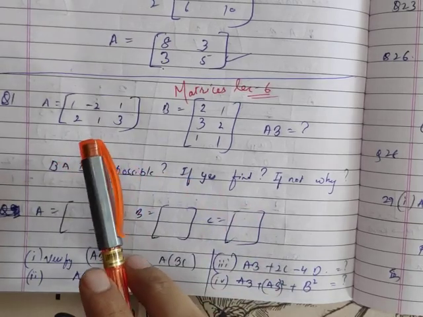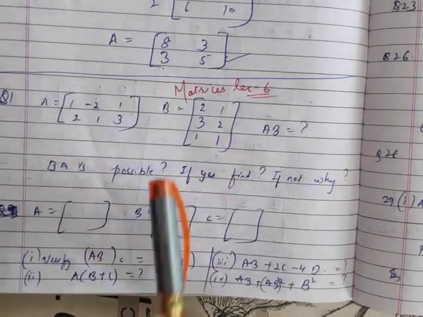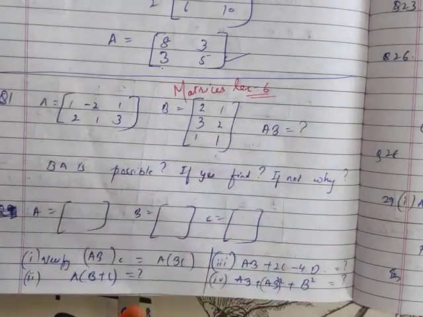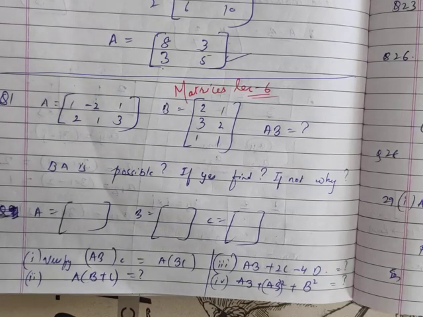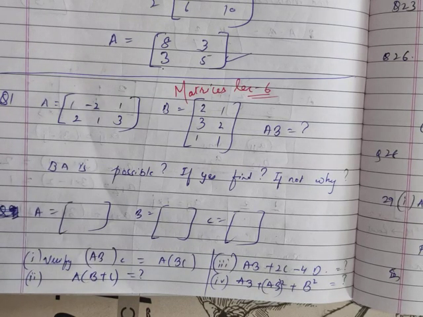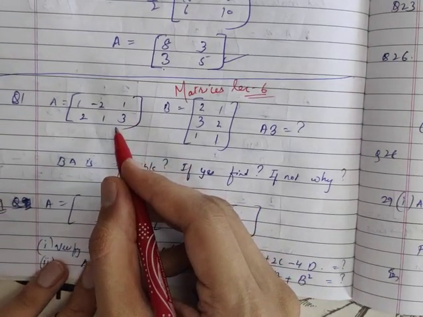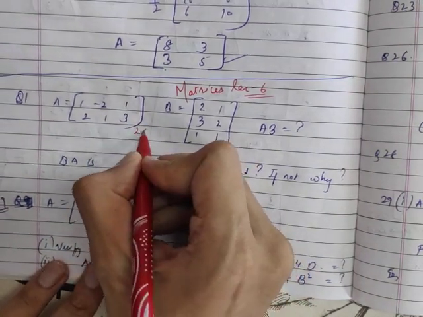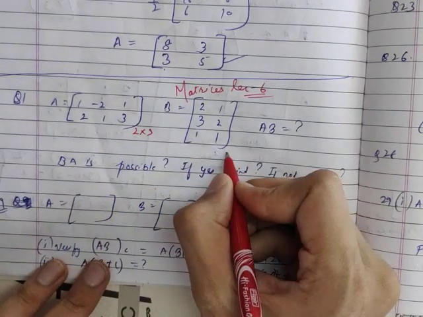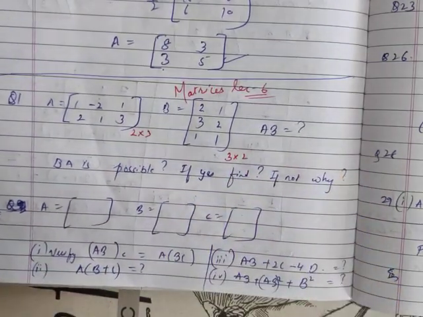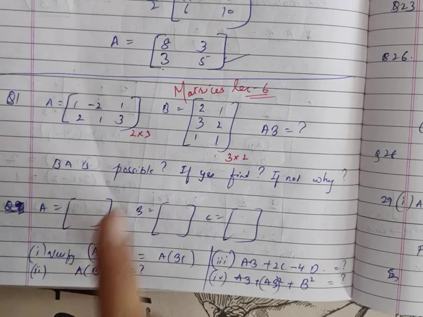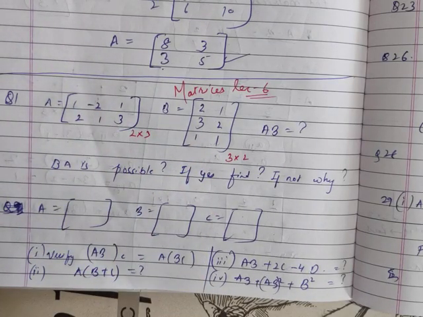First question says A is so and so matrix, B is so and so matrix. Find AB. So first thing that you got to do is what? Check the order. What's the order? How many rows? 2 rows and 3 columns. So 2 by 3. And this is obviously 3 by 2. As per rule 1, whether multiplication is possible.